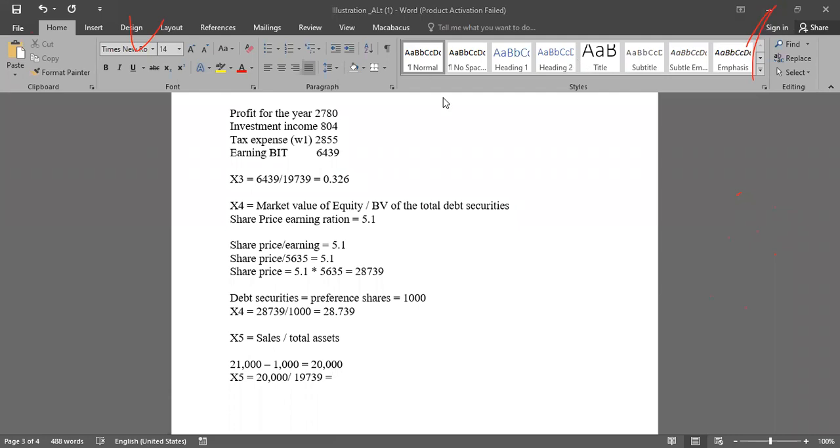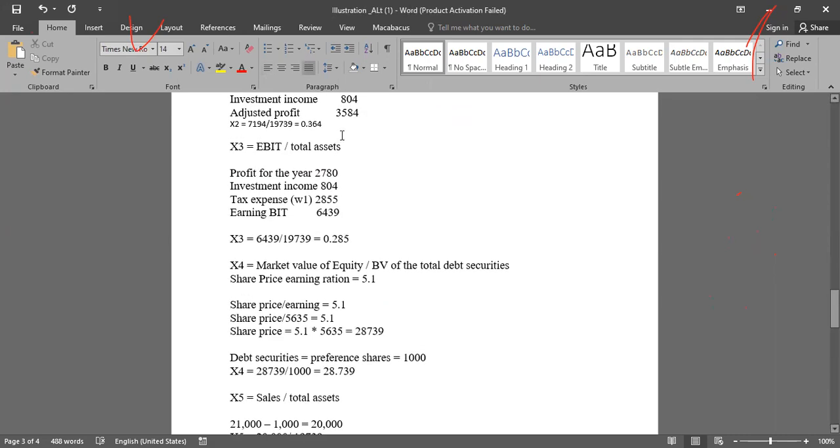X3 is 0.285. Wow. 285. Okay, then this one is 30, 0.324.